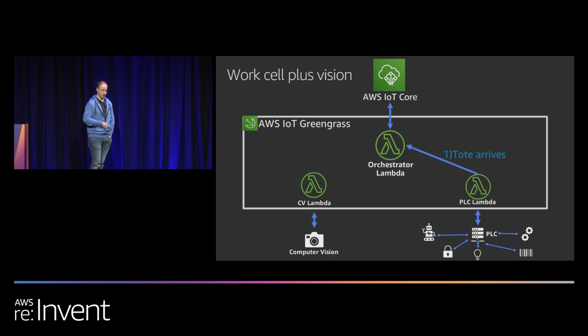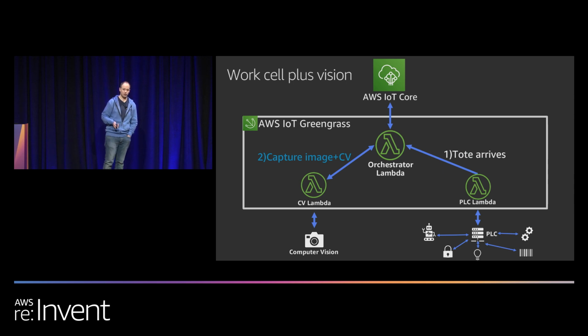As an example of Josh's tote lifecycle, let's go through what this would look like in the Greengrass domain. A tote will arrive, and what happens is the PLC will make some change, or its state will change because there's something new arriving at the conveyor at the Workcell, and the PLC lambda is going to pick up on that change and notify the orchestrator that a new tote has arrived to be processed.